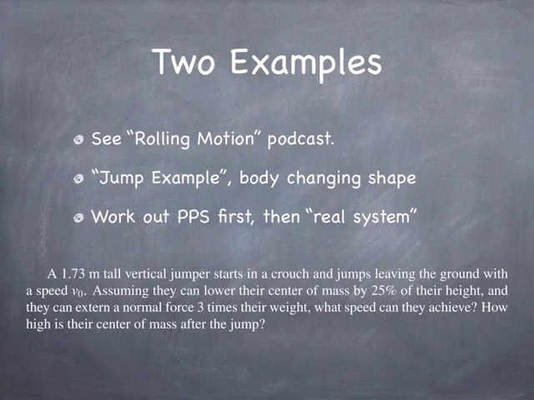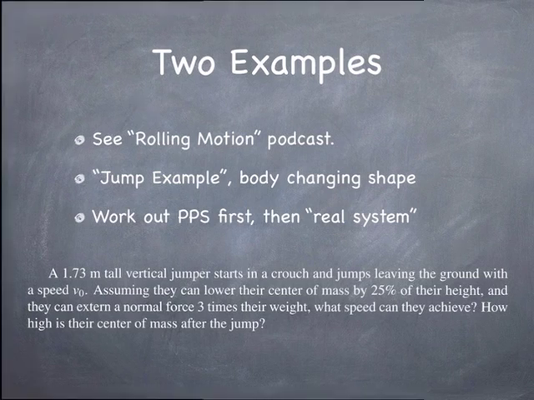He crouches down, leaves the ground with the speed v0, assuming they can lower their center of mass by 25% of their height, and that they can exert a normal force 3 times their weight. In other words, they can push down on the ground with a force 3 times their weight. What speed can they achieve? How high is the center of mass after the jump?